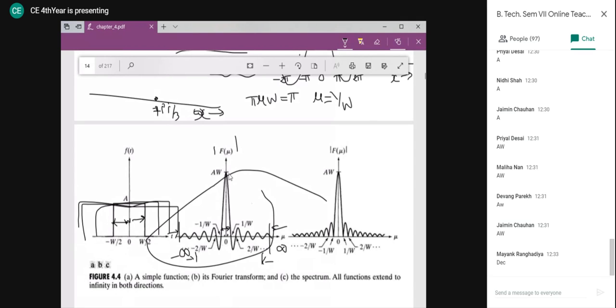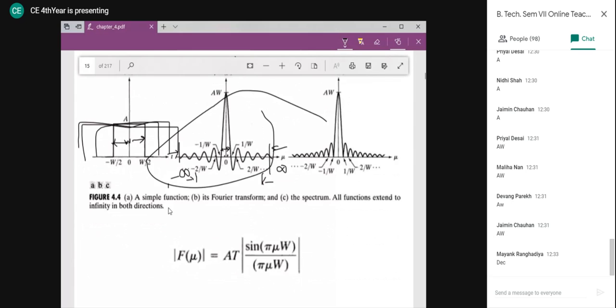Expansion in time domain, shrink in frequency domain; shrink in time domain, expansion in frequency domain. This is the duality property: if you expand, this will shrink; if you shrink, this will expand. We will need it somewhere, so just keep this observation with you.